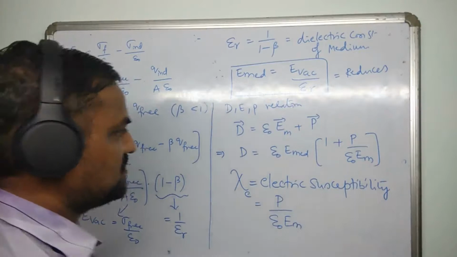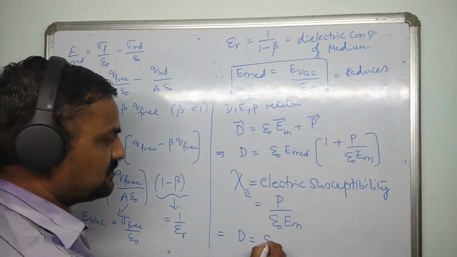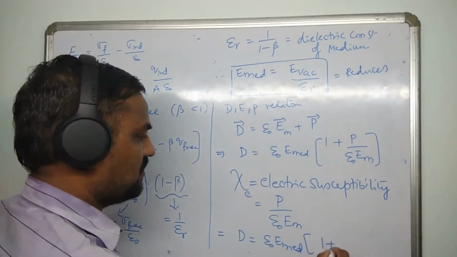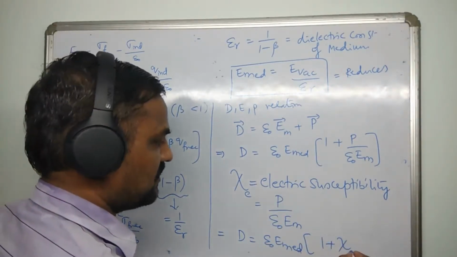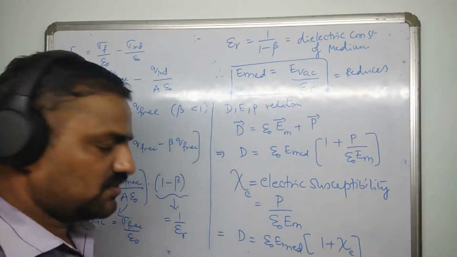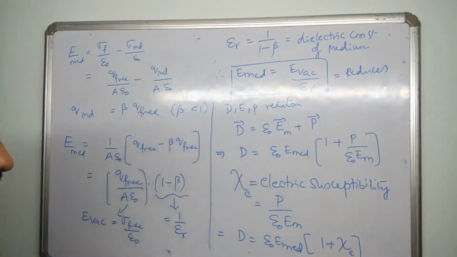By replacing this here, D is equal to epsilon 0 E medium into 1 plus chi E. Why I am using the subscript E is because there is another chi in magnetism, which you call magnetic susceptibility. I am going to erase this portion. Please pause the video and copy it.